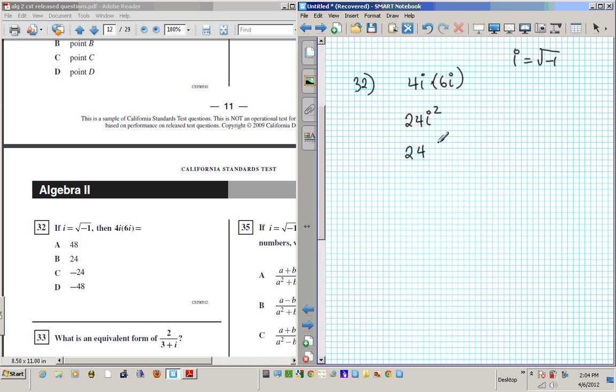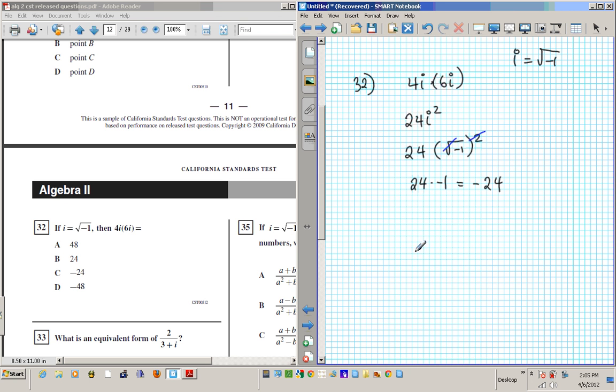If I plug it in here, I'm going to have 24 times the square root of negative 1 squared, okay, because i is the square root of negative 1. Now, since square and square root are opposites, these two cancel out. So you're going to have 24 times negative 1, and the answer is negative 24.